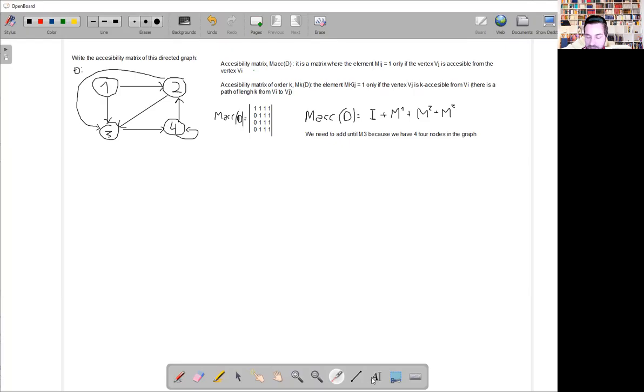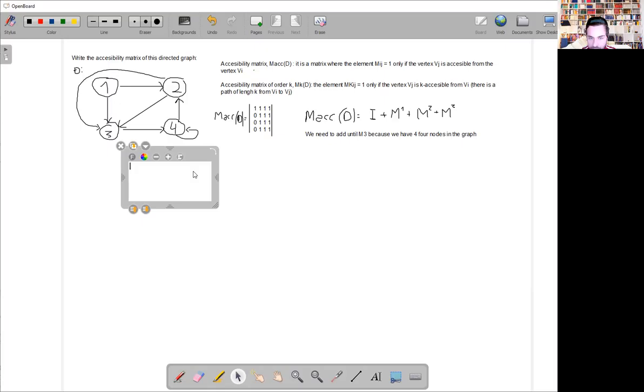So let's start by the accessibility matrix of order 1. So this will be similar to the adjacency matrix, right? So that means that I need to put a 1 on the positions where I have a path of length 1, right?